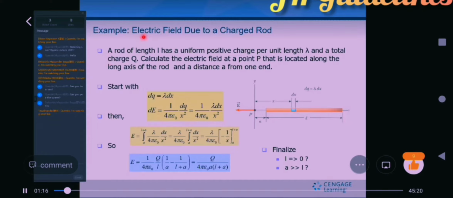Example: we have an electric field, and we are trying to figure out the electric field due to a charged rod. Here we have a rod.